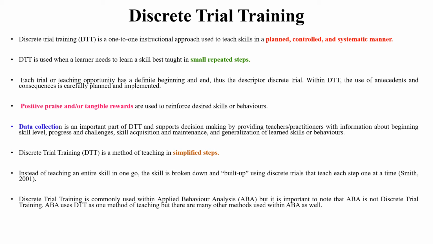That is, we are planning the beginning and the end, that is the antecedent and the consequence, so for planning that, we should have supportive data to plan in a proper way. So data collection becomes very, very important for progress, skill acquisition, maintenance and generalization. And the best thing about DTT is simple steps, teaching in simplified steps.